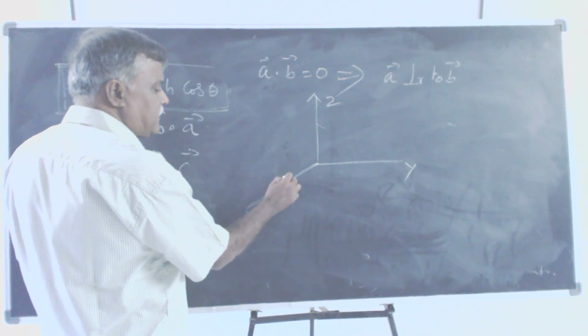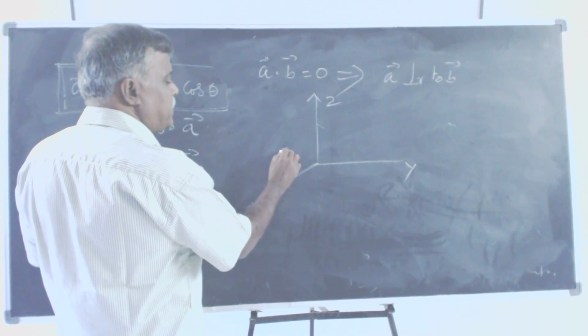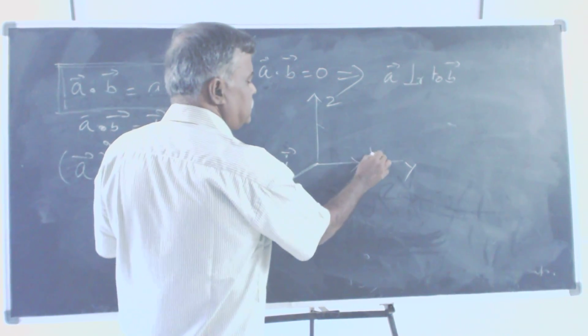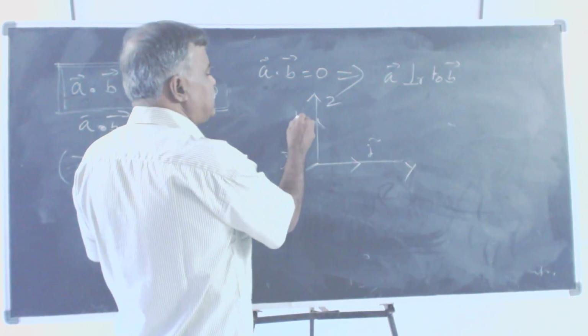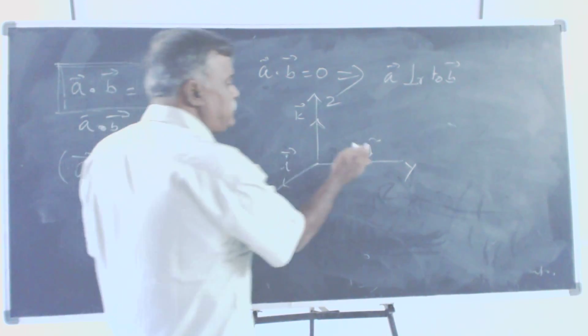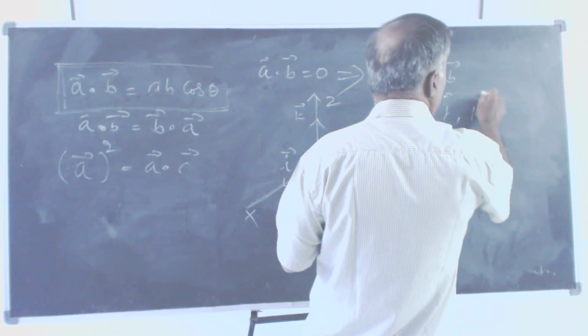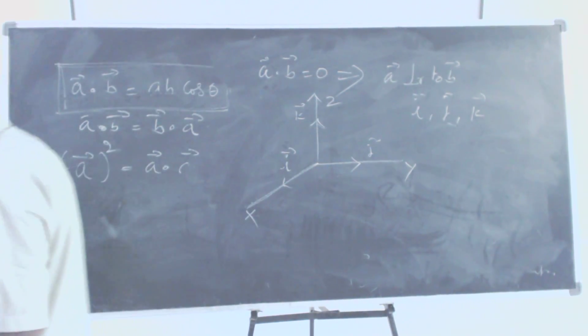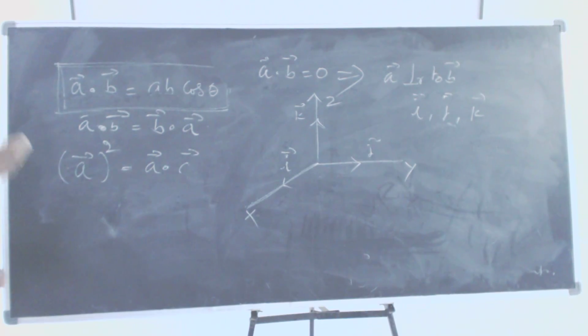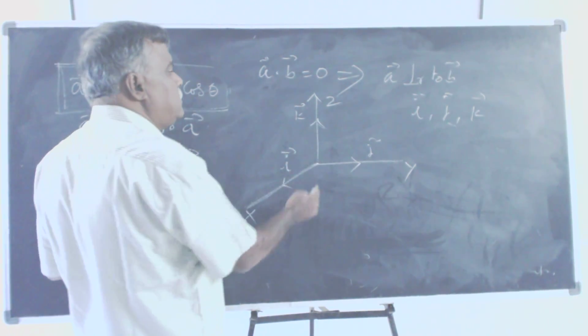X-axis. On x-axis, usually we take i vector, on y-axis j vector, on z-axis k vector. So what are i vector, j vector, k vector? These three are all unit vectors taken along x-axis, y-axis, z-axis.